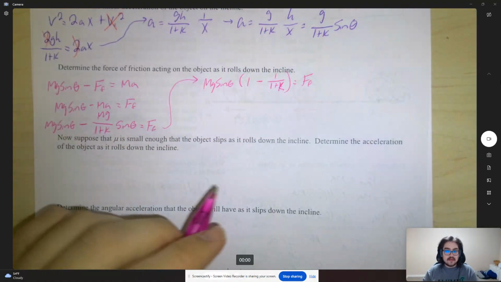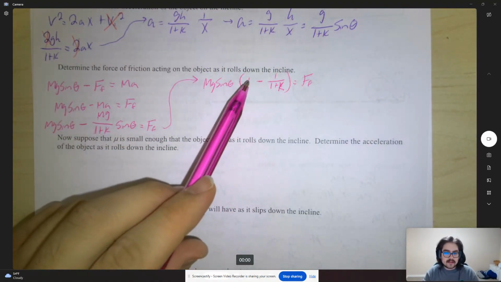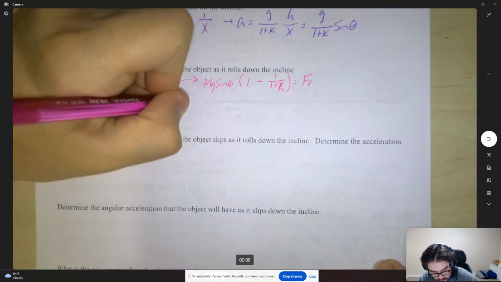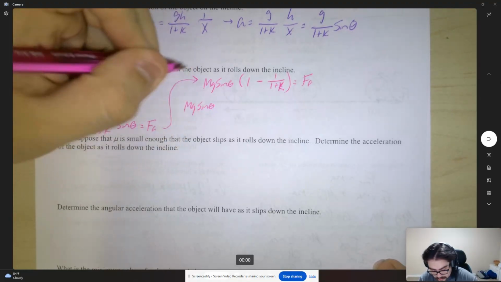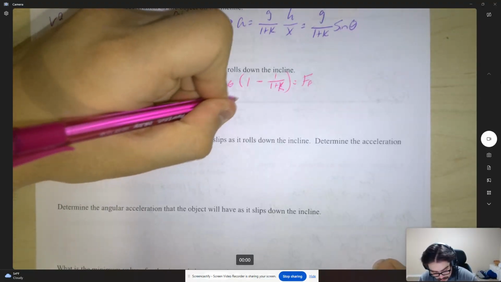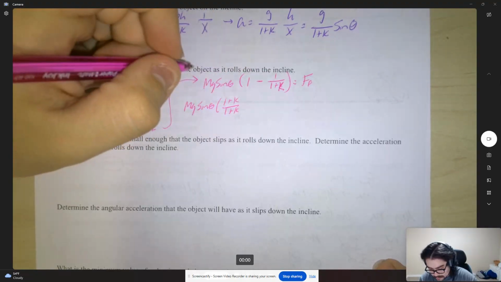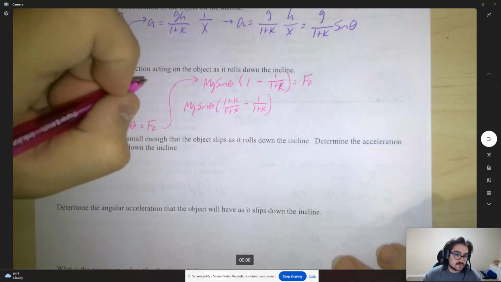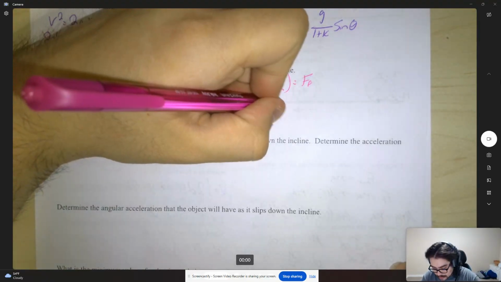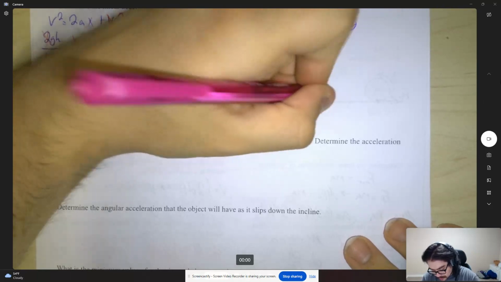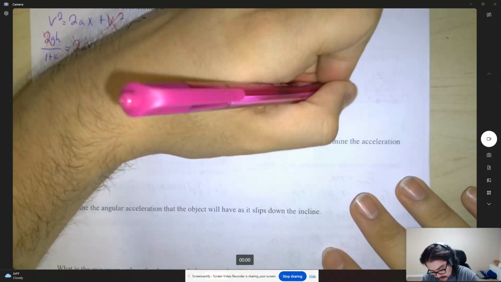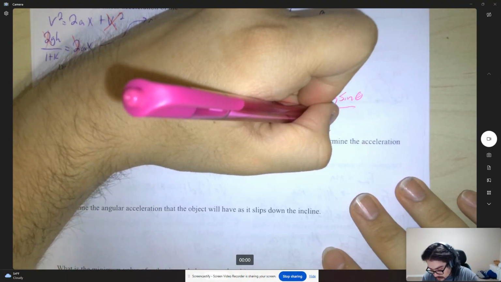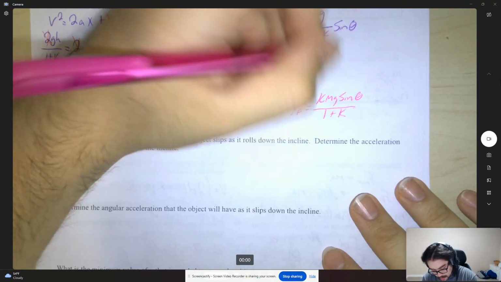Now I can make a common denominator with 1 and turn it into 1 plus k over 1 plus k, minus 1 over 1 plus k. You have a common denominator, so you can subtract them just fine. It ends up being the force of friction is equal to kmg sine theta over 1 plus k.